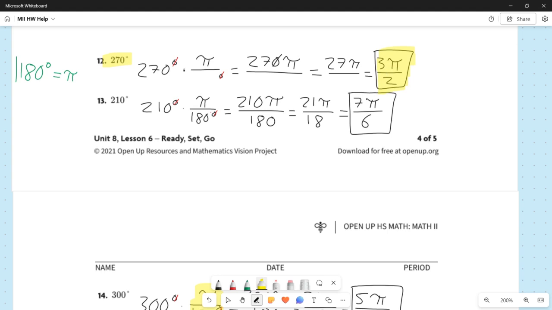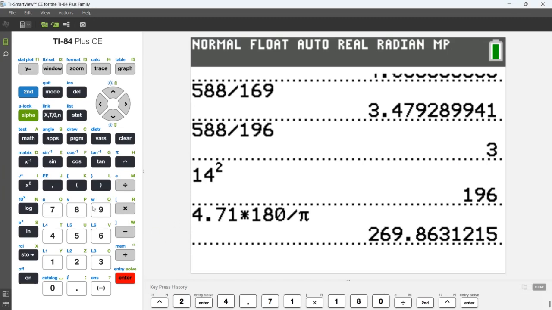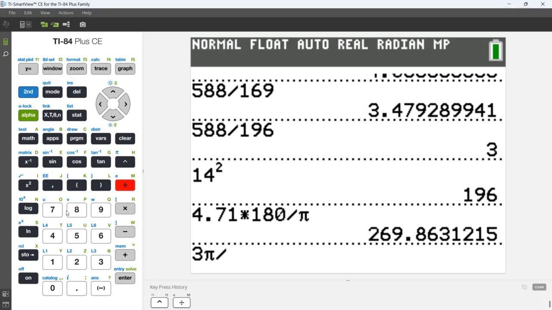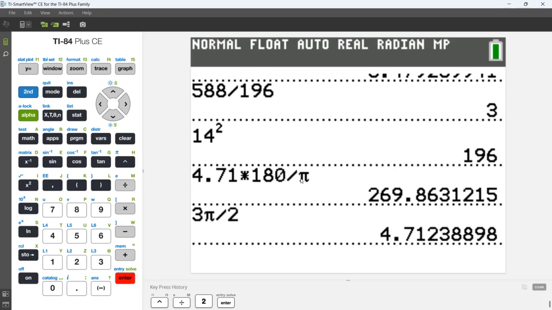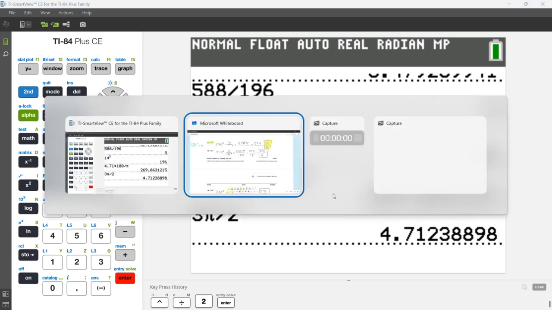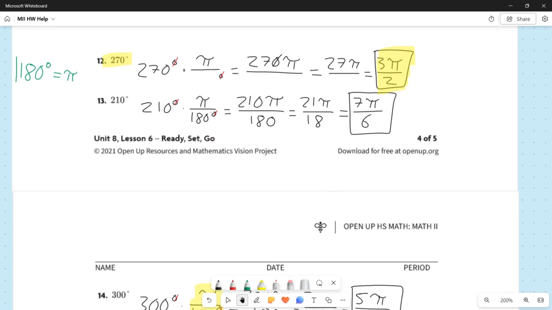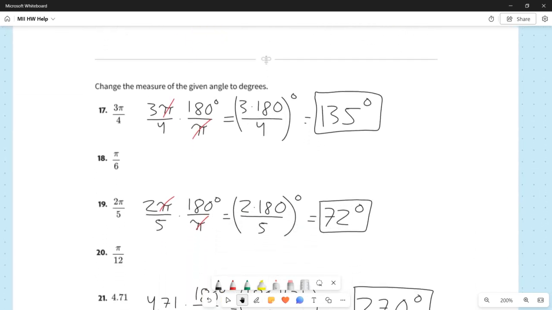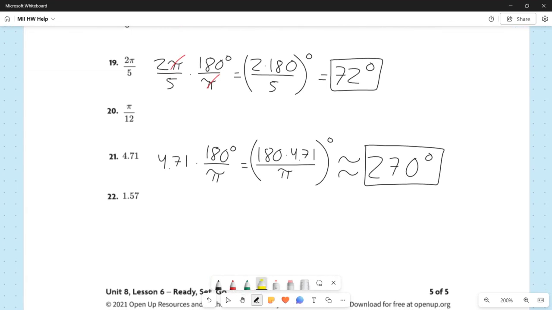And if I go back to my calculator here and I actually evaluate 3 pi over 2, I get 4.71, and then some change, but I get 4.71, which is the value that we started with, 4.71.